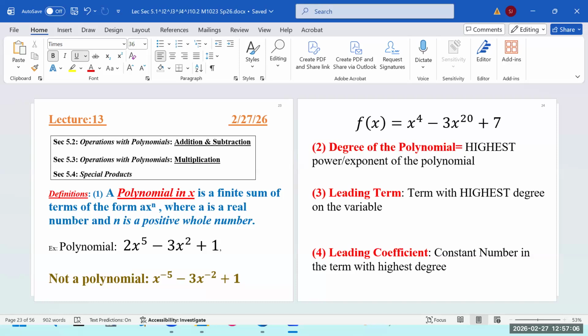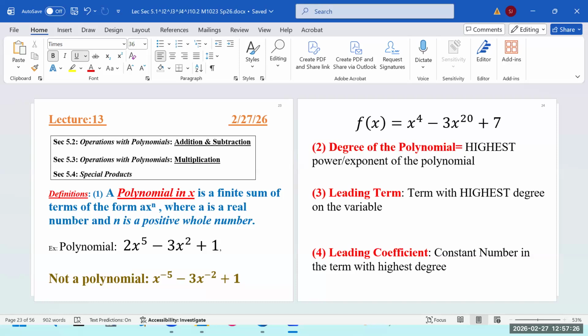Now, when you have a polynomial, they have few important parts. The first part is degree of the polynomial. Degree of the polynomial means what is the highest degree or what is the highest power you see in a polynomial.